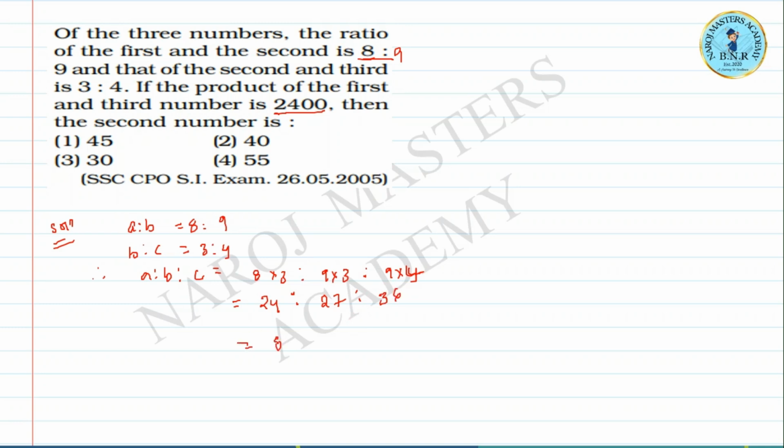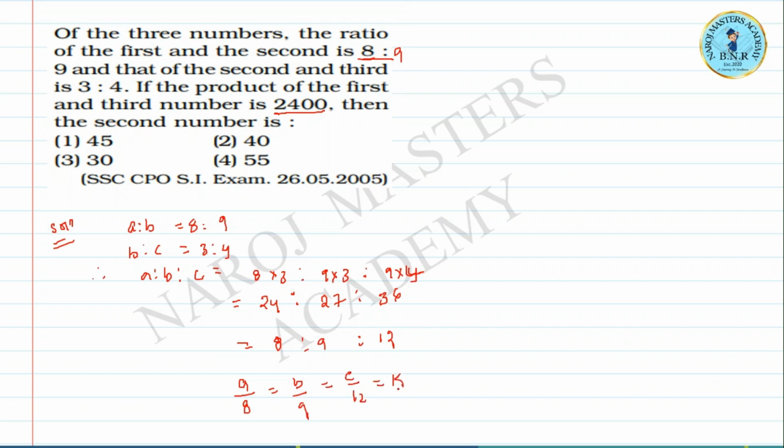So by cancellation, 24, 27, 36 becomes 8, 9, 12, dividing by 3. Now consider A's value as 8, B's value as 9, and C's value as 12.